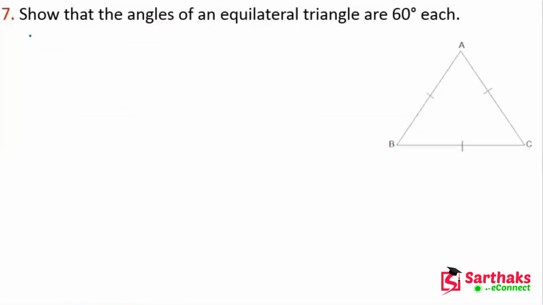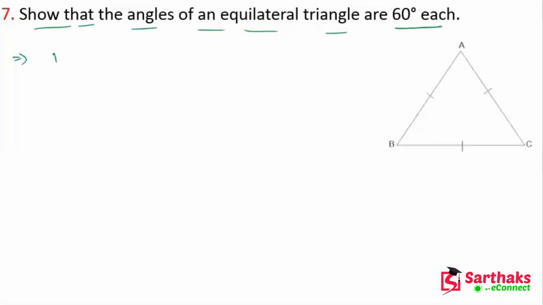Now the next question is, show that the angles of an equilateral triangle are 60 degrees each. Now we have to prove that the angles of an equilateral triangle are 60 degrees. So we have an equilateral triangle like this, and we know that in an equilateral triangle all the sides are equal.